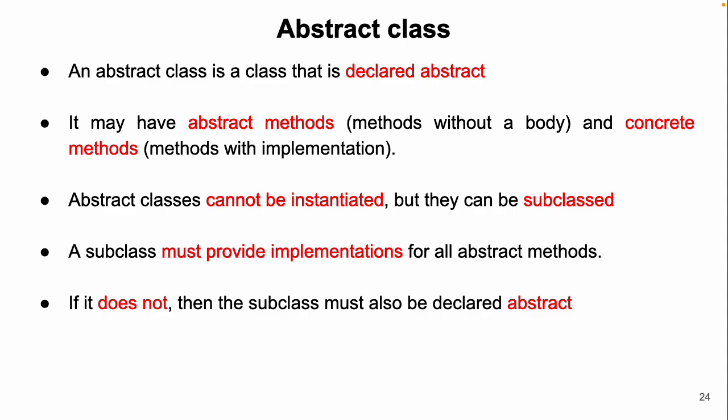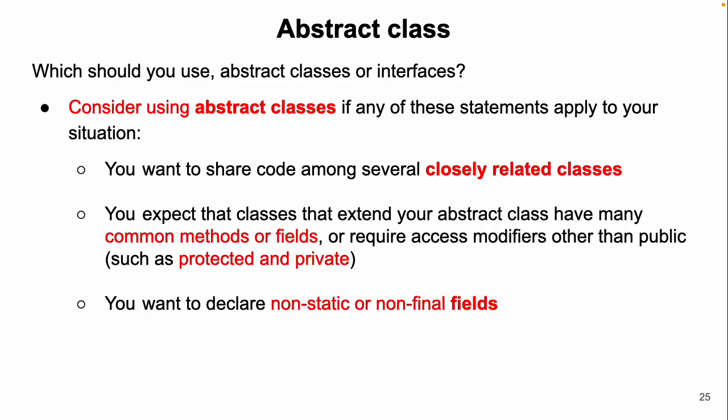What are they? Using the abstract keyword, we are creating an abstract class. It may contain abstract methods also. If I am extending that class, I need to implement all the abstract methods present in my parent abstract class. If not, I have to declare that subclass also as abstract. That is fine. Those are the basic things.